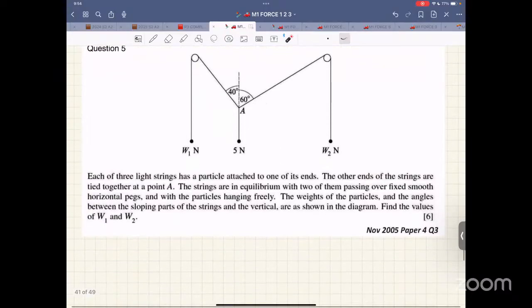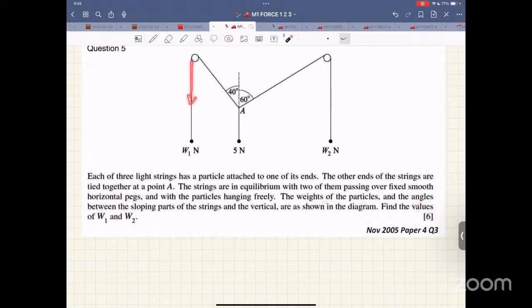Each of the three light strings has a particle attached to one of its ends. The other ends of the strings are tied together at point A. So that's where the strings are tied. The strings are in equilibrium with two of them passing over fixed smooth horizontal pegs. So this is a horizontal peg, this is a horizontal peg. The weights of the particles and the angles are given. Find the values of W1 and W2.